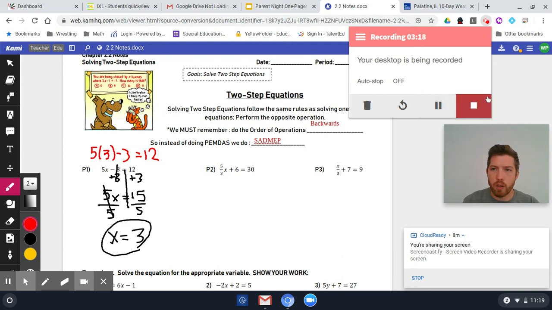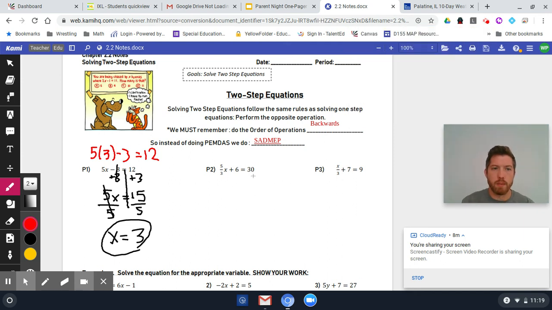All right. So now we're going to look at one of these problems. We're going to start with, again, do we have any subtraction or addition? Well, we have addition right here. So we're going to undo that by doing the opposite of it. The opposite of a positive 6 is a negative 6, or subtraction of 6. So we're going to subtract 6 from both sides.